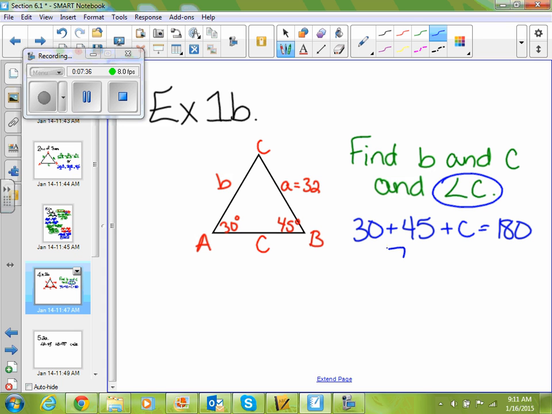So 30 plus 45 gives me 75. So 75 plus C equals 180. So C equals 105 degrees.